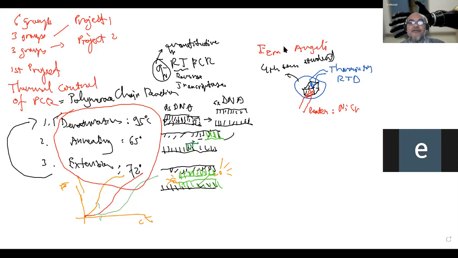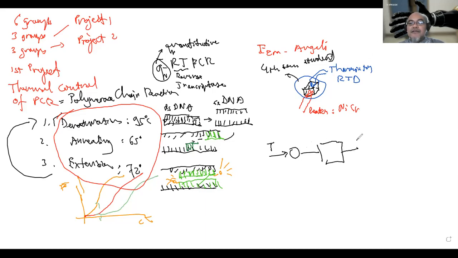So what you need to do is, for example, you have a set temperature, for example 95. You have to have the heater to heat up the system. This is the system, the chamber.